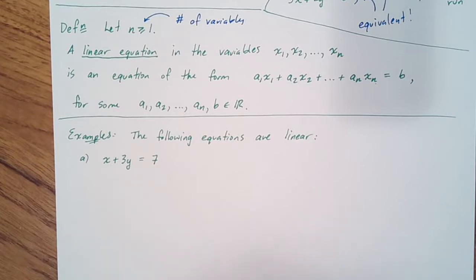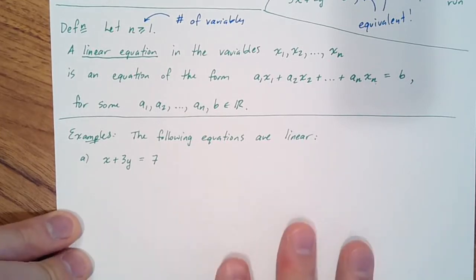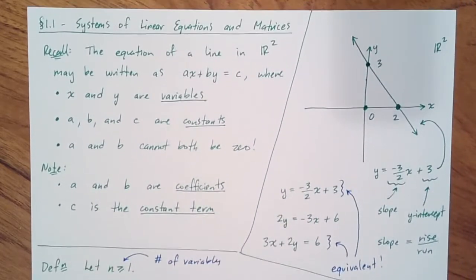And okay, well, what's the constant term? Start with that. That's the easiest thing to pick off. So ask yourself, what is the constant term of this linear equation? Okay, and if you aren't sure, just go back up here for reference. Remember what the constant term is?